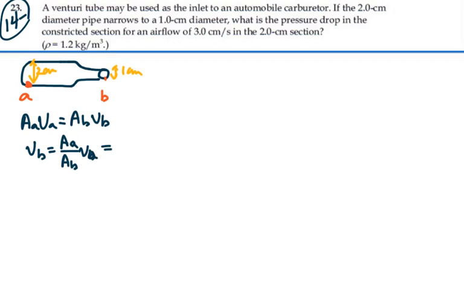Area at A is going to be pi times the radius at A squared. Area at B is going to be pi times the radius at B squared. All this times the velocity at A. Pi's cancel out.